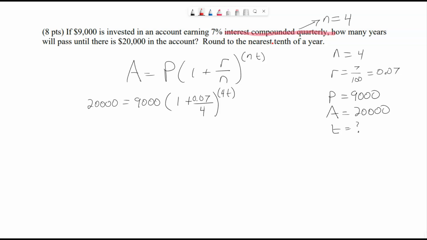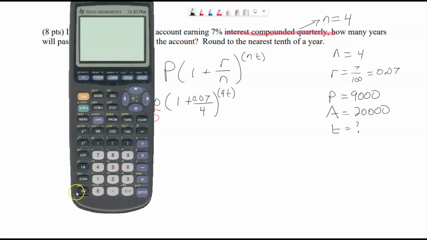Okay, we can isolate the exponential expression, first dividing by 9,000, and just for sake of ease of writing this, let me divide out that 1,000. So we now have 20 over 9 equals, I don't know how nice this decimal is. I want to work it out real quick.